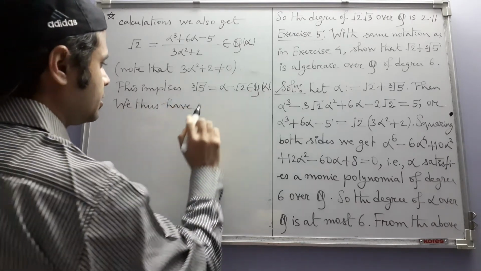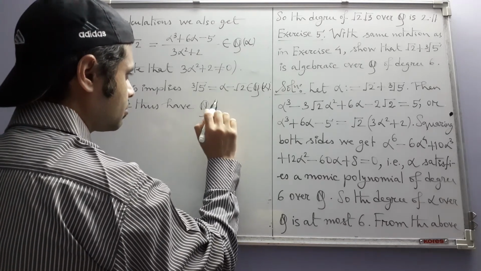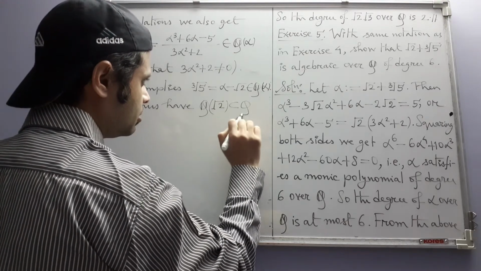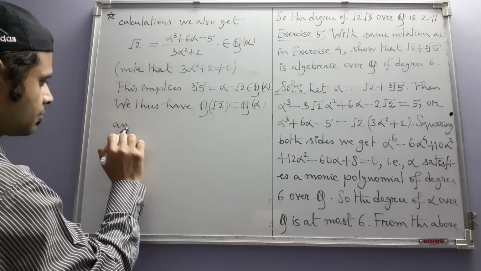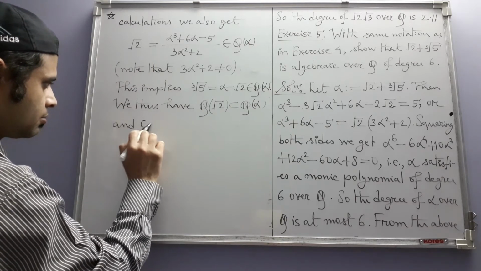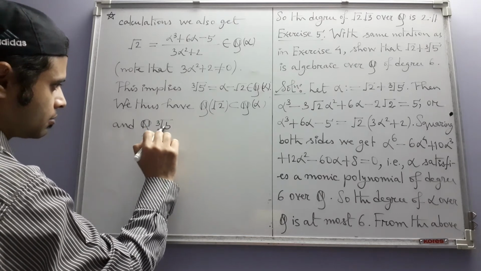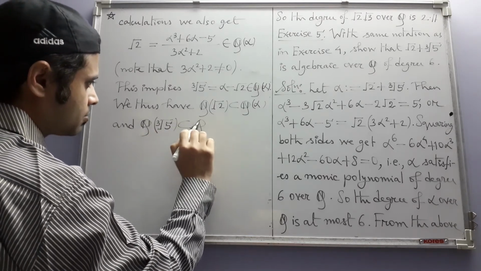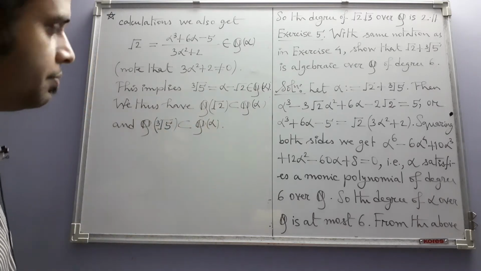So what does that imply? It implies that this extension is contained in this, and this extension is also contained in this. Why?